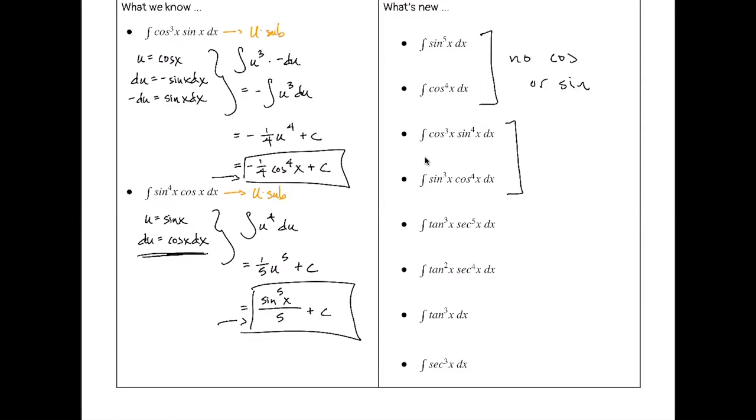That technique is technically not called u substitution. We might use u substitution along the way, but we do tend to have to separate some things to make it a little bit nicer for ourselves. Kind of like yesterday when we had that x to the fifth, and we split it into x to the third and x squared, and that helped us use u sub. That's what we're going to be doing today. Okay, thanks, Alex.